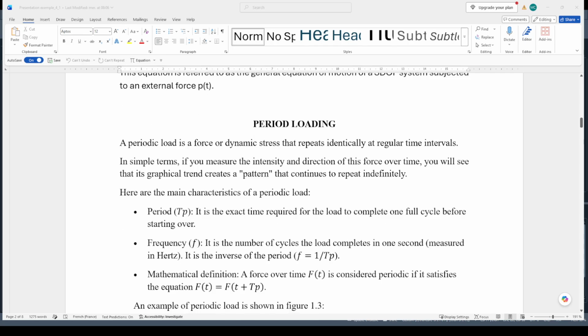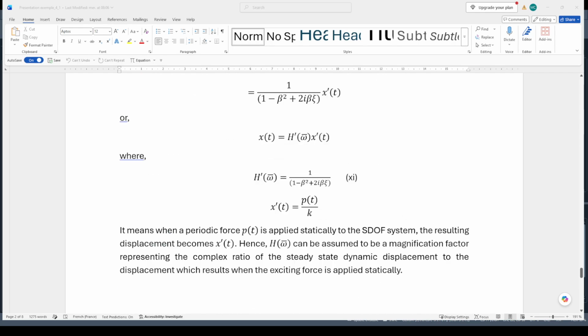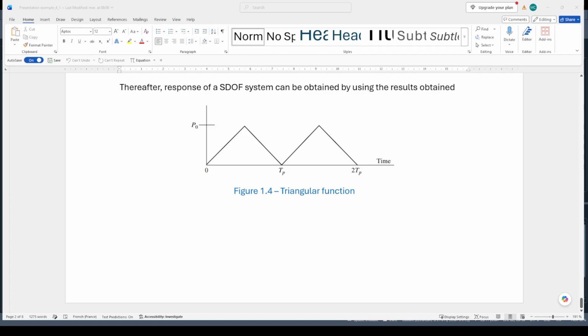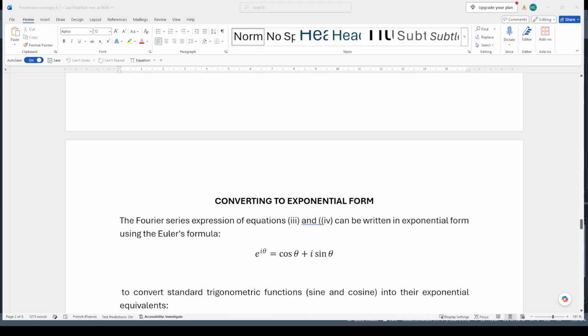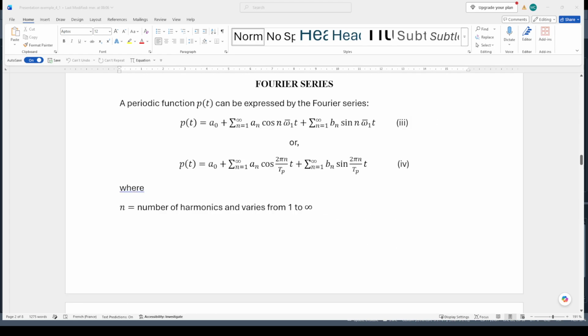You can remember the periodic loading is a dynamic force that repeats identically at a regular time interval, and in this case we applied a triangular function, similar to this. You remember the periodic function p(t).